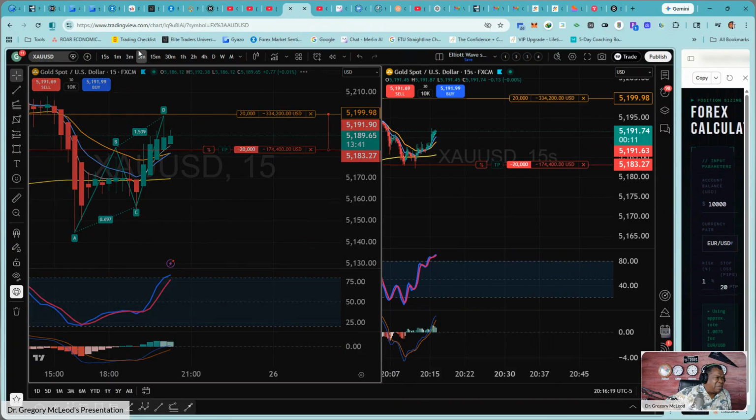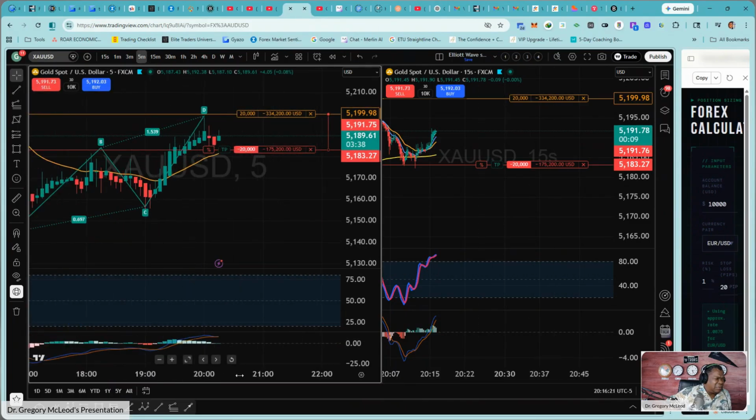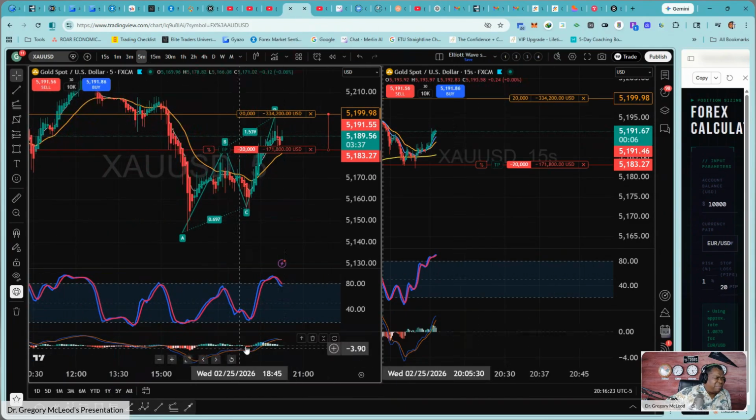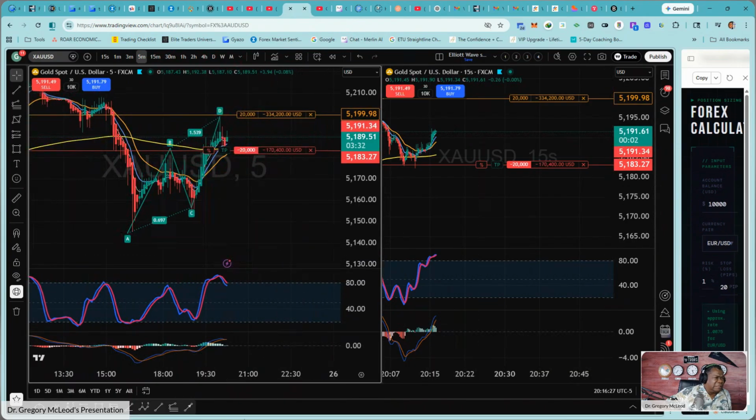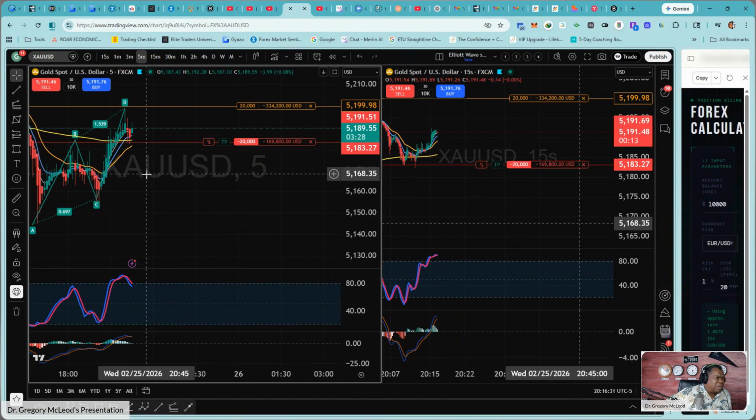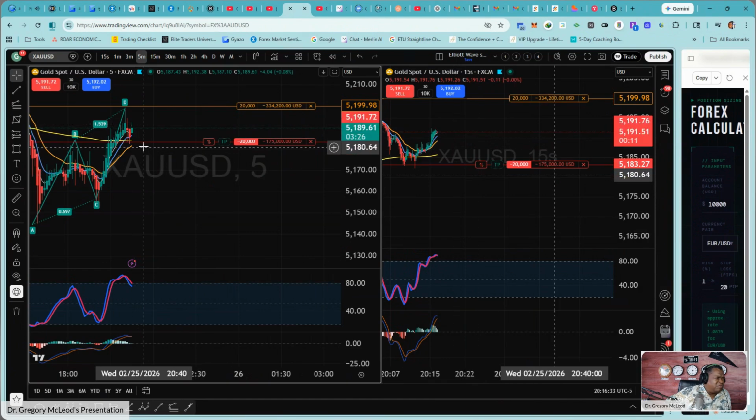Those are the 5-minute. I mean, it's bullish with the MACD above the 0 line. We made a lower high. We get below 51.82.